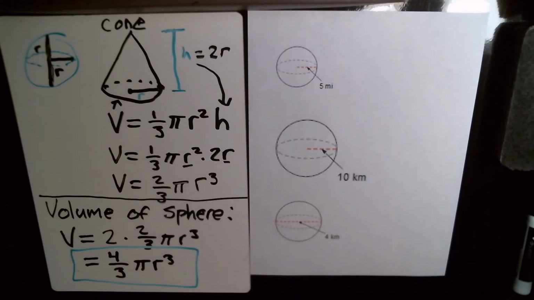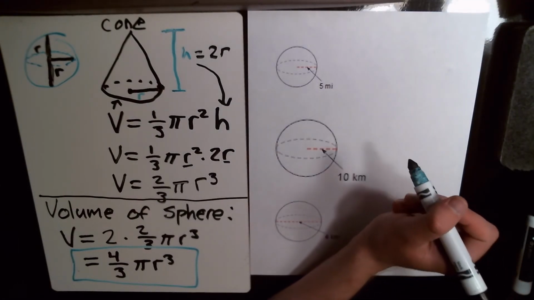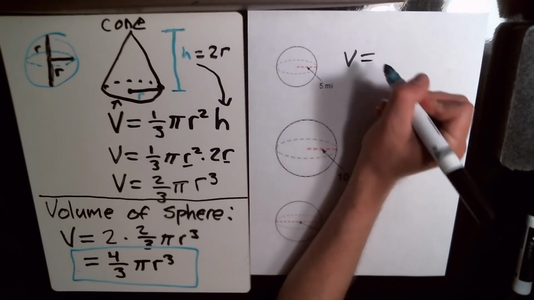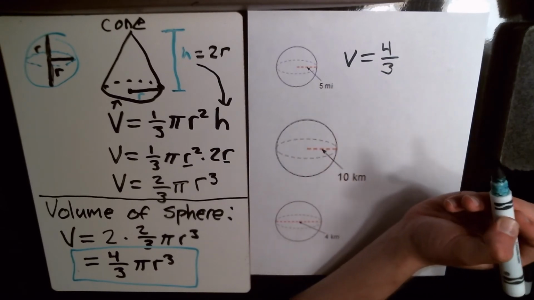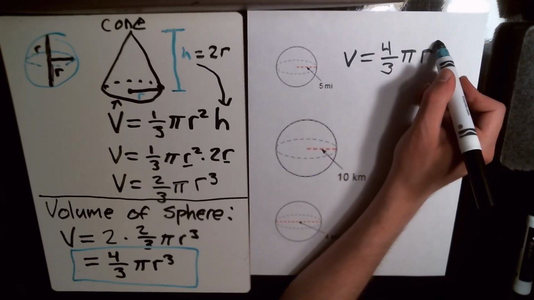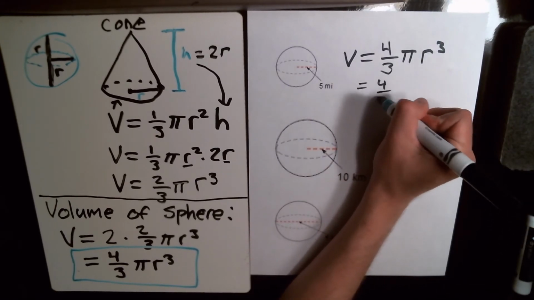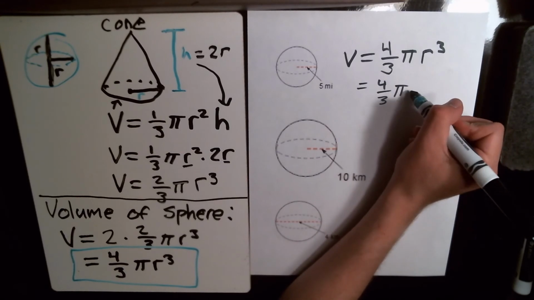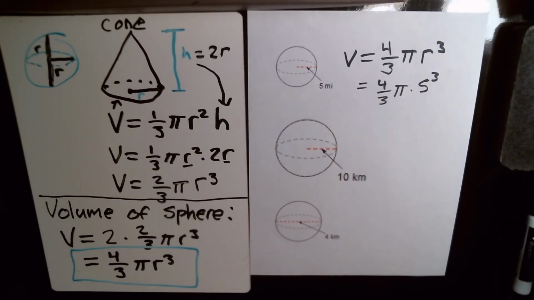And so on this one, the radius is 5. So the volume of this sphere is going to be, you just plug in r. So 4/3 pi times r cubed, which in our case r is 5, so 5 cubed. And then we just throw that in the calculator.